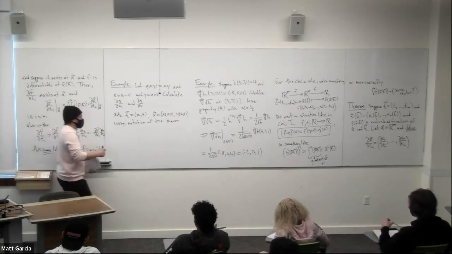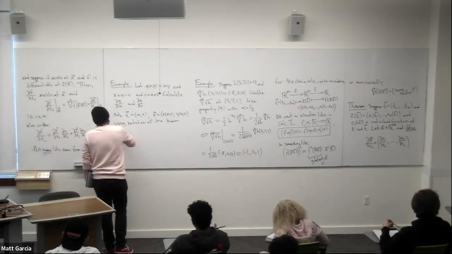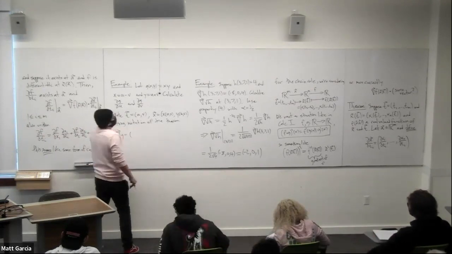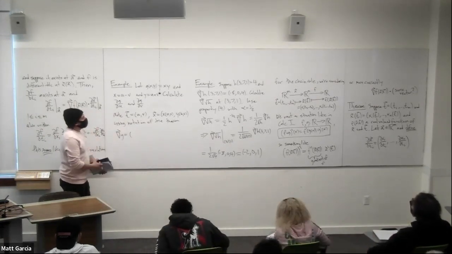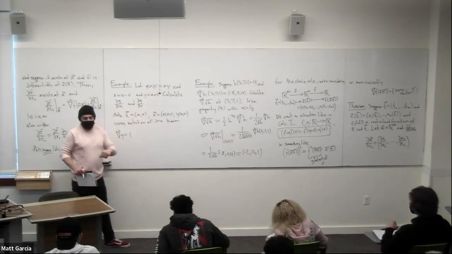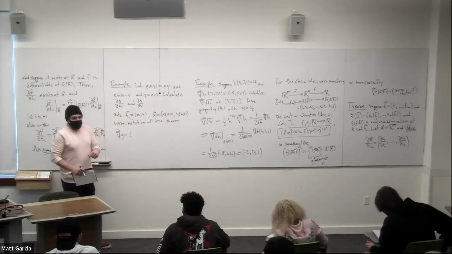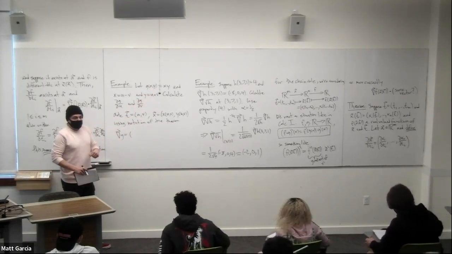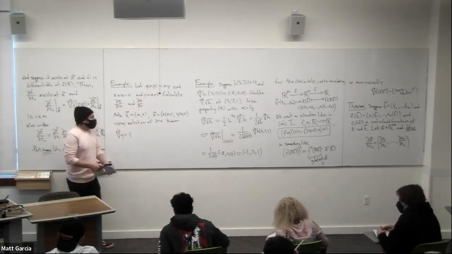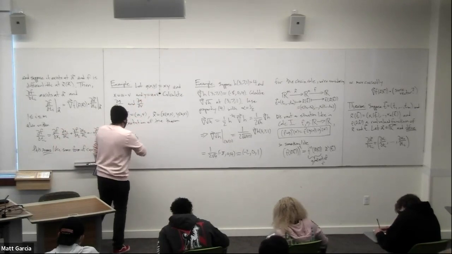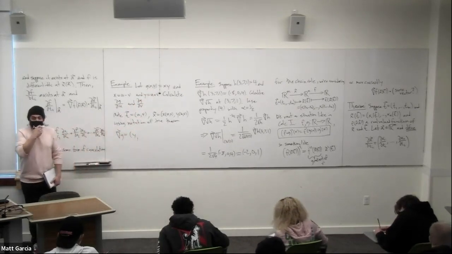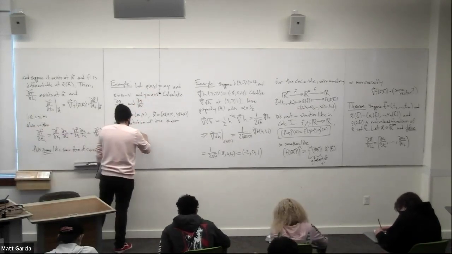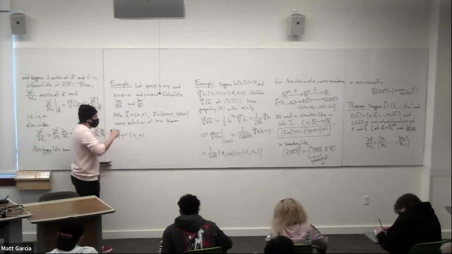Okay. So the gradient of g is equal to the vector of partial derivatives. What's the partial derivative of g with respect to x? Yeah, it's just y. And what's the partial derivative of g with respect to y? Yeah, just x. Good. That was easy.